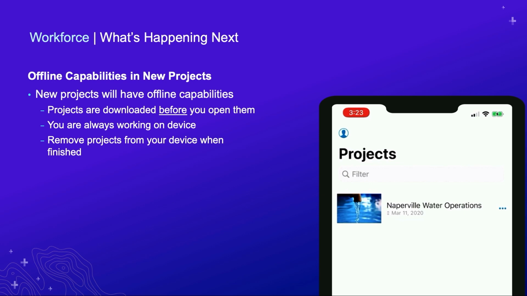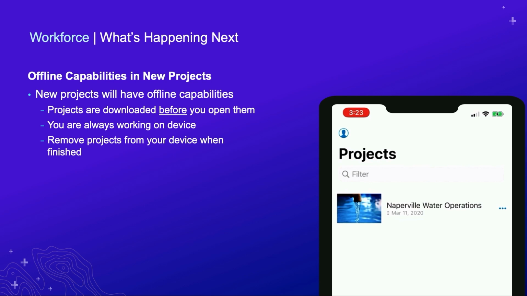You should be able to work whether you're completely offline or in kind of an intermittent connectivity or low bandwidth scenario. And when you're done with your projects, you can just remove the project data from your device. That's the same experience you have today with Collector.